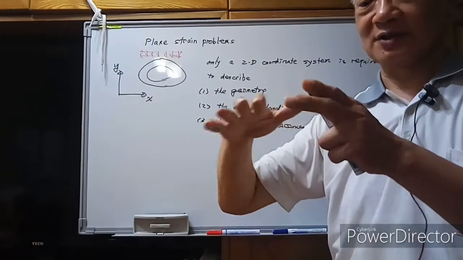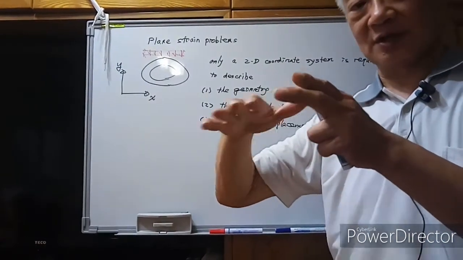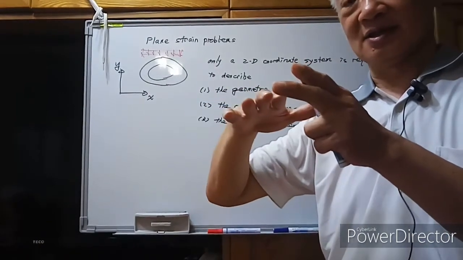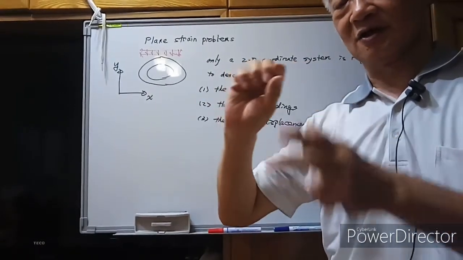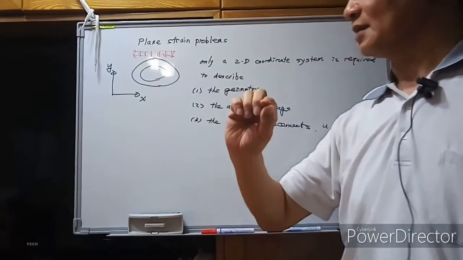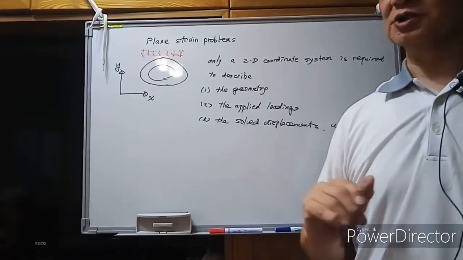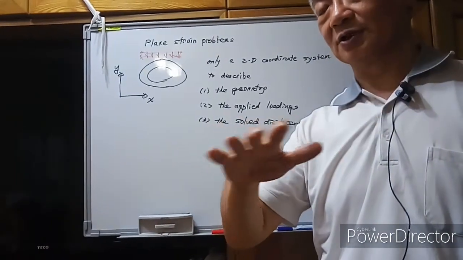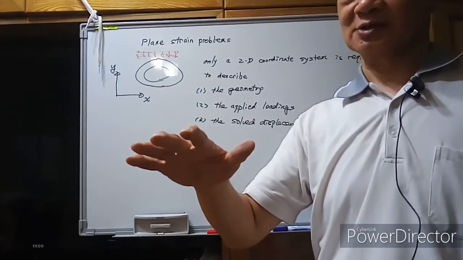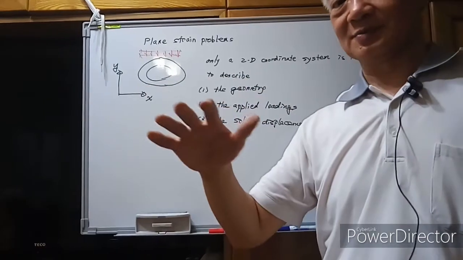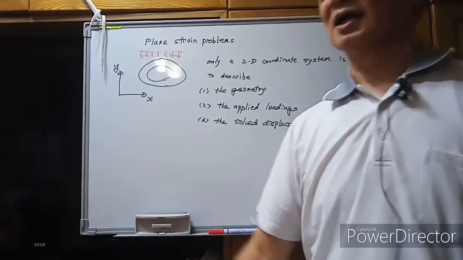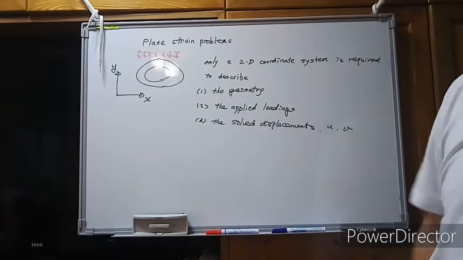But for plane stress problems, the xy plane lies on the center layer of a thin plate. And for plane stress problems, the applied loading is also on the xy plane. The displacements we need to describe are also the displacements on the xy plane.